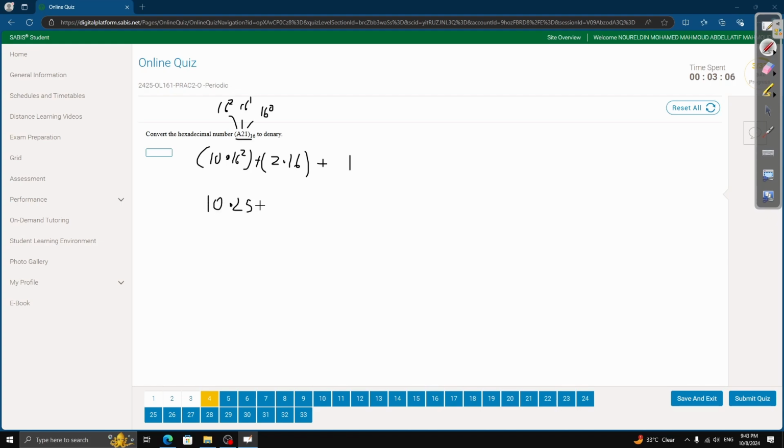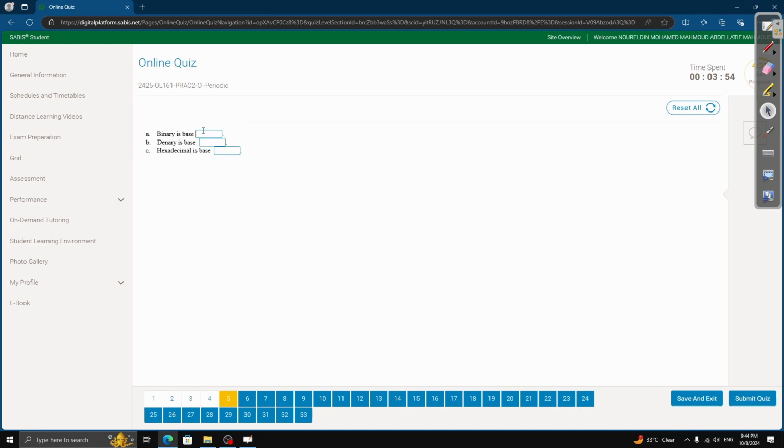This one you can either memorize or work it out in your head, but I suggest memorizing. 16 times 2, that's 32, plus 1. 256 times 10, you'll get 2560. 2560 plus 33, you get 2593, which is the final answer. But this one you basically memorize.